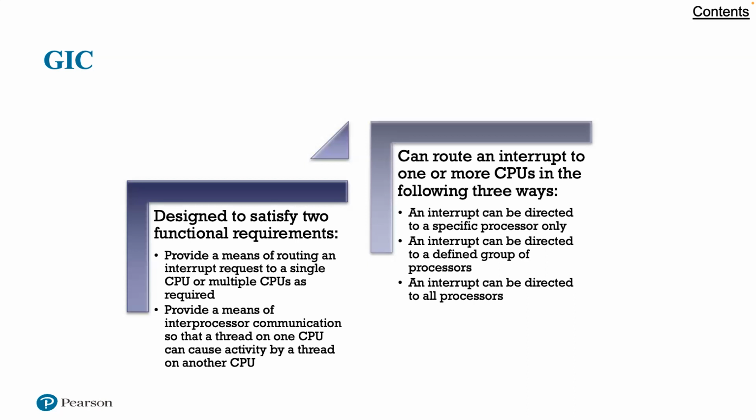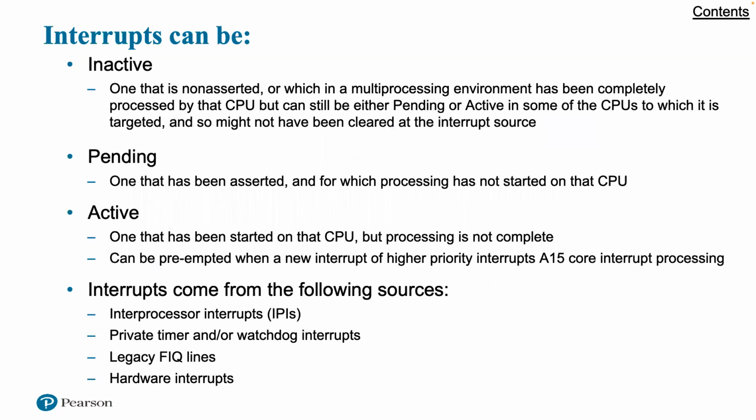And finally, an interrupt can be directed to all processors. From the point of view of software running on a particular CPU, the operating system can generate an interrupt to all but self, or to specific other CPUs.